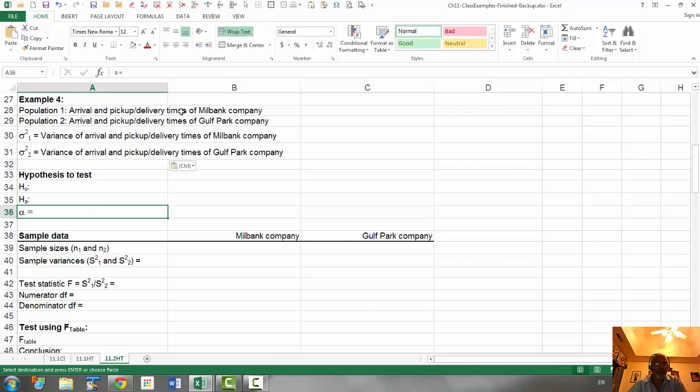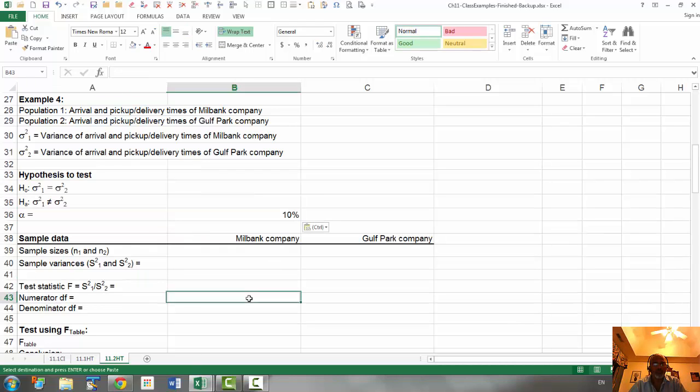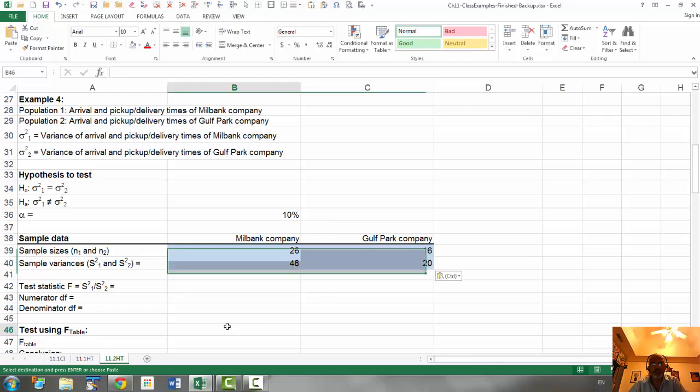Arrival and pickup delivery time for Millbank, Gulf Park, and the variance of Millbank, variance of Gulf Park Company. And the null and the alternative hypothesis on the alpha value being 10% is given like that. And then we have the sample sizes and the sample variances are given.